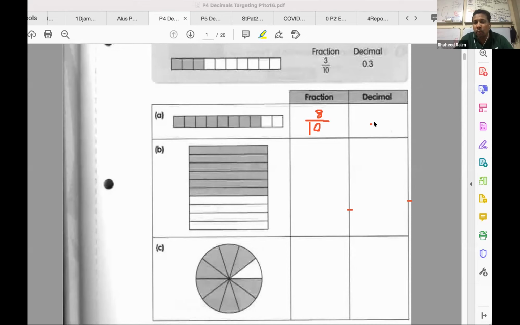So you put 1 space down here, just 1, after the dot. So 8 you put down here. Then is there a 1, 2, 3 or any number here? No number, must put 0. If there's a number, you put a number. If let's say it's 1 whole, 8 over 10, then you put a 1 down here. But they did not give you any number. So you try the next one.